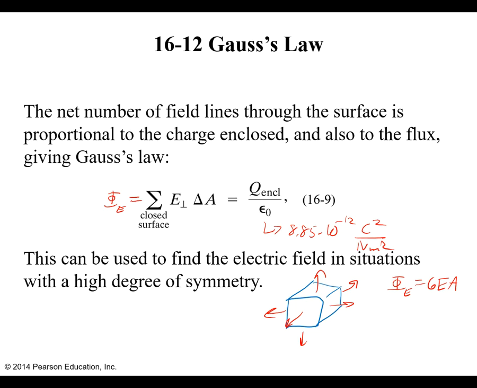Since they're all pointing away, that tells us that there is some positive charge Q embedded in the middle of this box. And according to Gauss's law, the electric flux, 6EA, has to be equal to that positive charge that's inside the box divided by the constant epsilon naught. And that's what Gauss's law is telling us. It's relating the charge inside of a surface to the amount of electric field that passes through that surface as well.